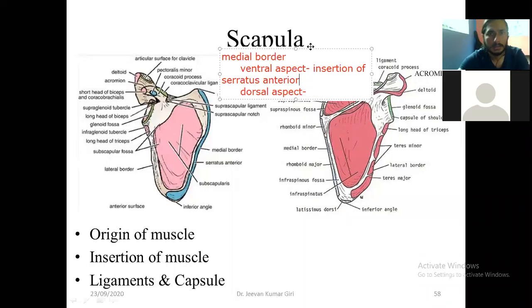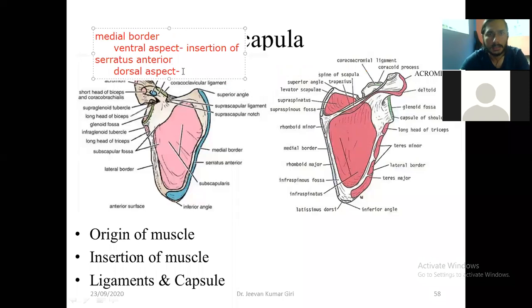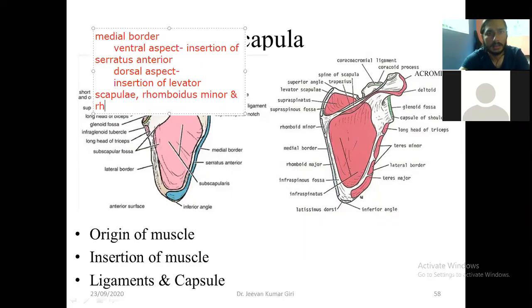On the dorsal aspect, again here also it is insertion only: insertion of levator scapulae, rhomboideus minor, and major, shown in the diagram right here.